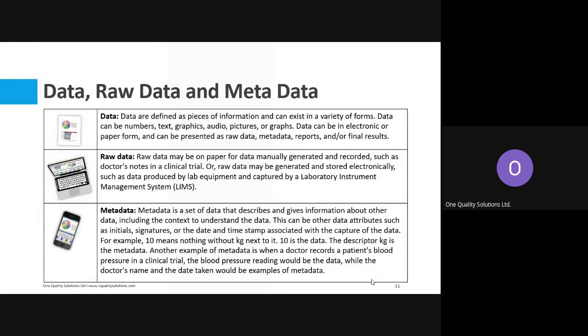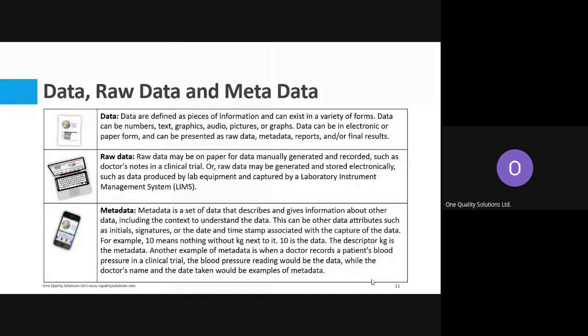And metadata is the data which explains or gives information about other data. In simple words, it is the data of other data. For example, 10 means nothing without kg next to it. 10 is the data. The descriptor kg is the metadata.